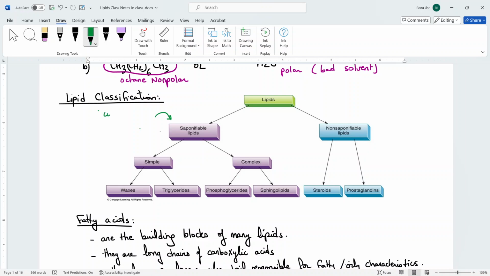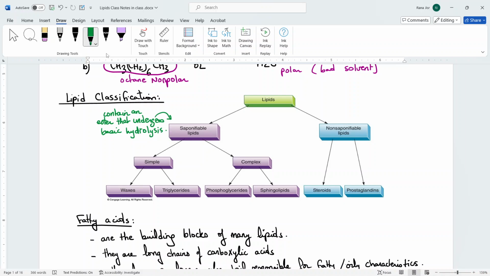So these lipids contain an ester group that undergoes basic hydrolysis. So this is what saponifiable is.